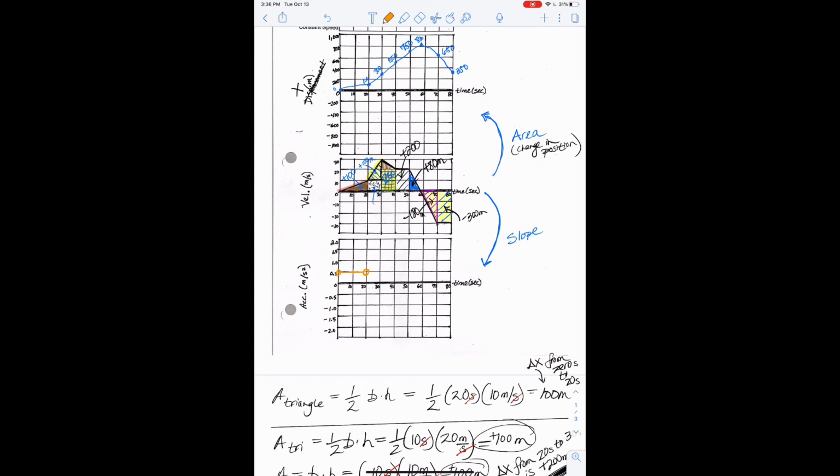The reason I'm using open circles is because I don't know what is going on at 20. Meaning, is it part of the red slope or is it part of the yellow slope? This is tricky, right? And in math class, we would say that the acceleration is undefined at 20 seconds. We don't know which slope it belongs to. Real objects don't move this way.